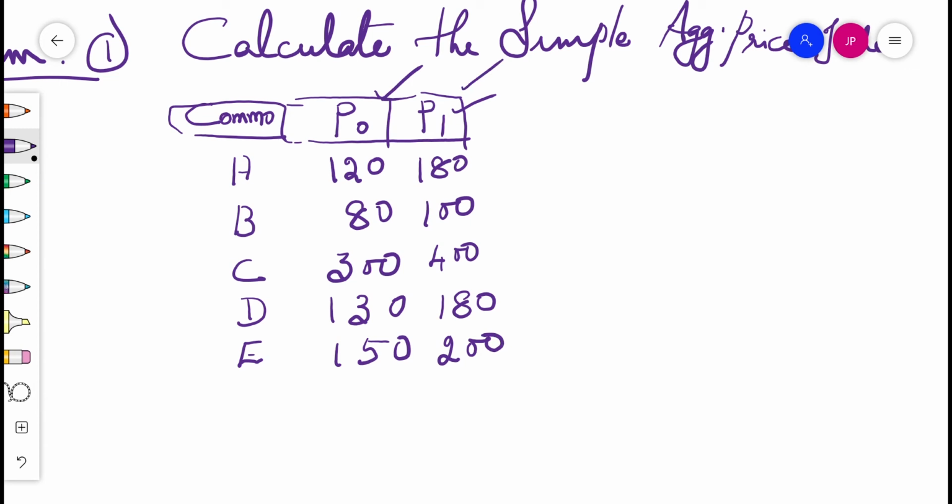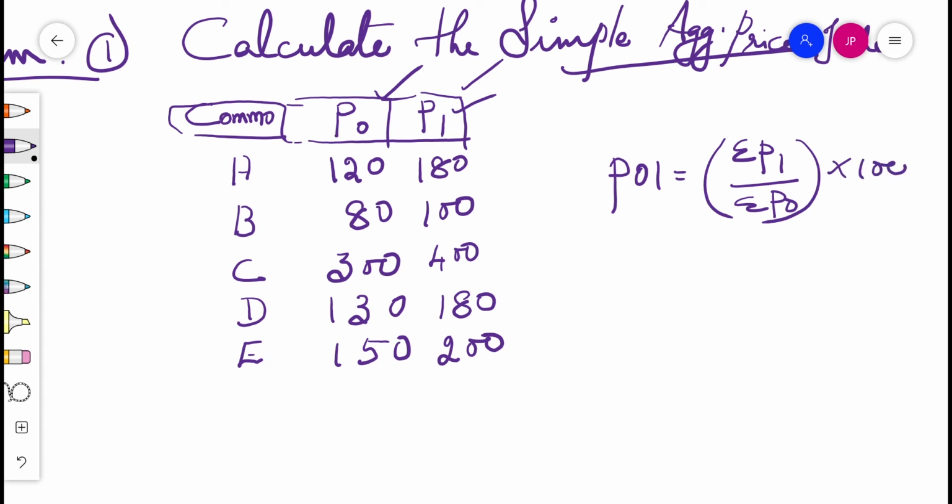So we can write the formula, simple aggregative method: P01 equals, tell me the formula, sigma P1 divided by sigma P0, put in the bracket, into 100 outside. The sum total of P0, we can add here itself: 0, 5 plus 3 is 8, 16 plus 2 is 18, balance 1, 2, 3, 6, 7. Sigma P0 is 780.